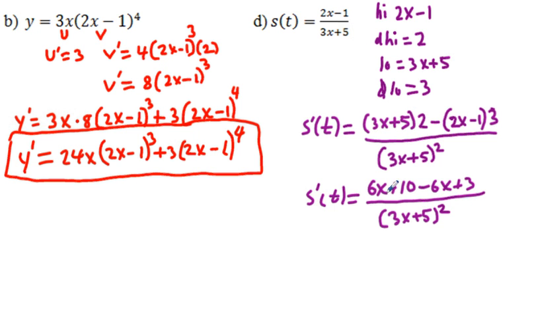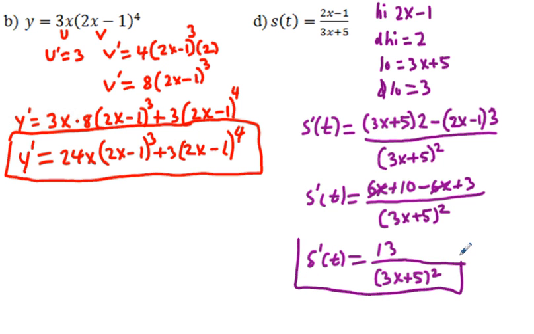And we're going to be able to cancel 6x minus 6x, so S prime of t simplifies to 10 plus 3, which is 13, over quantity 3x plus 5 squared. So that's going to be our answer for part D.